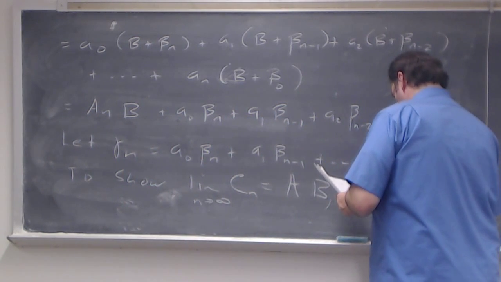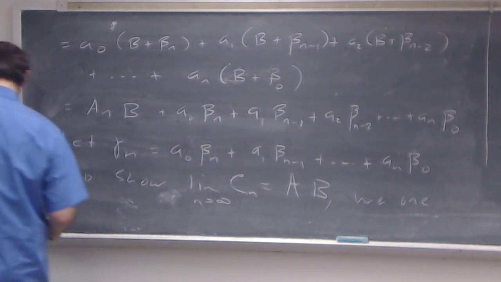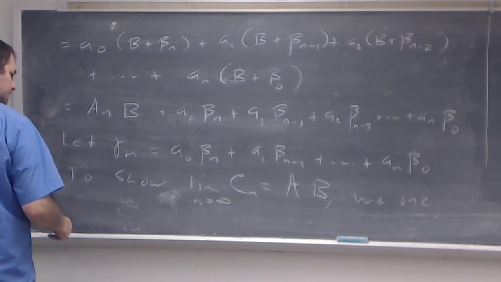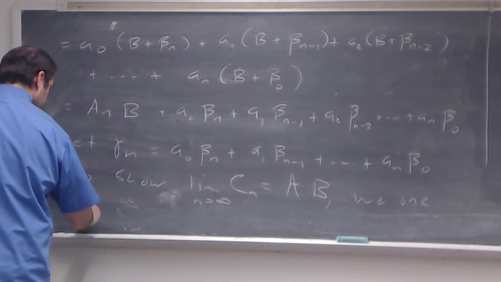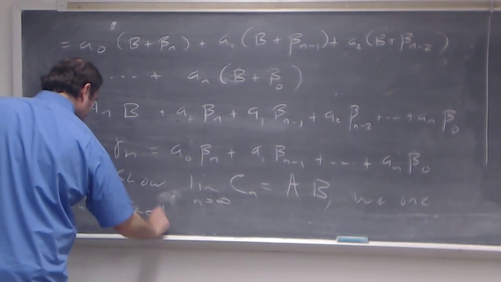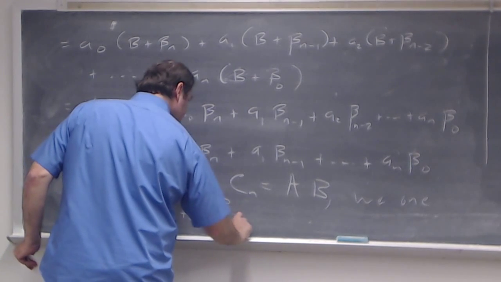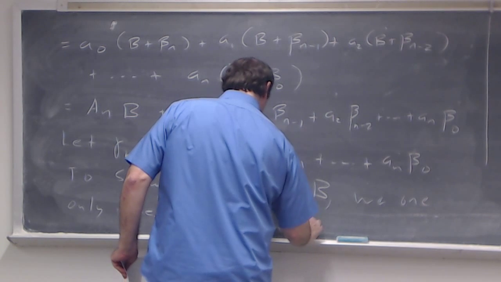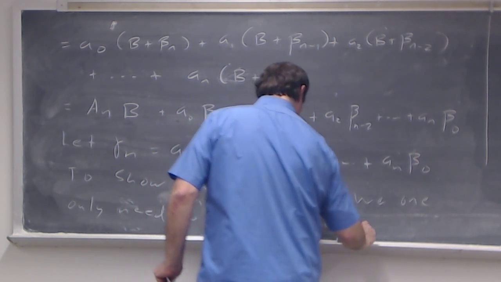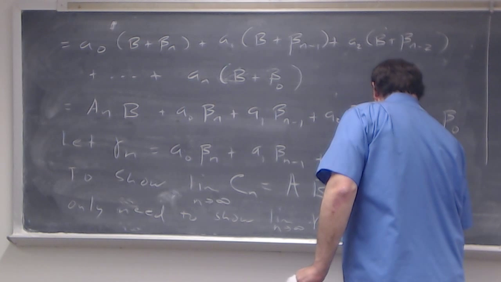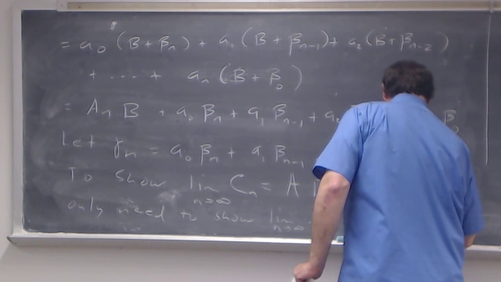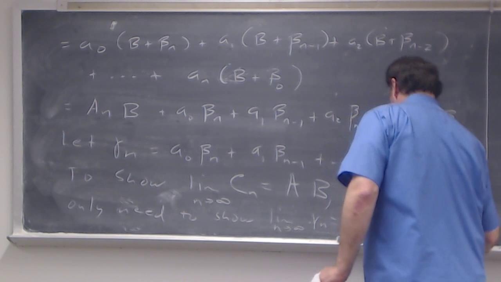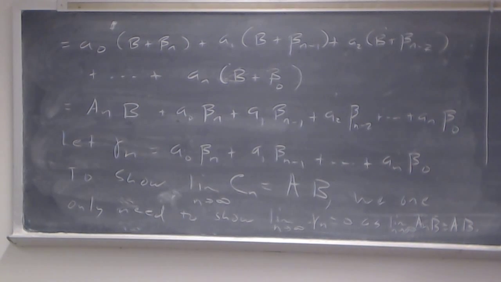We only need to show that the limit as n goes to infinity of gamma sub n equals 0, as the limit as n goes to infinity of A sub n B equals A times B. Okay, so the remainder of the proof is to show that the limit as n goes to infinity of gamma sub n equals 0.